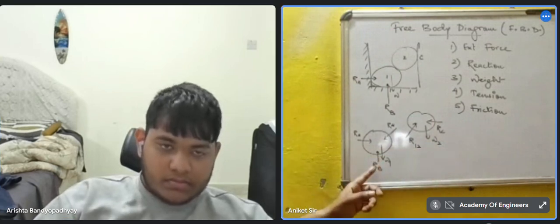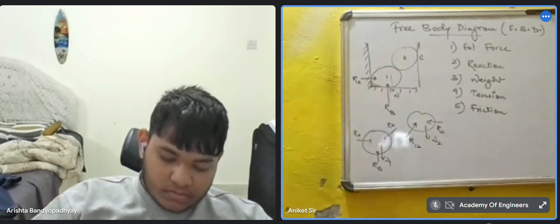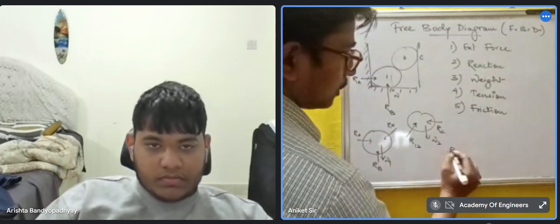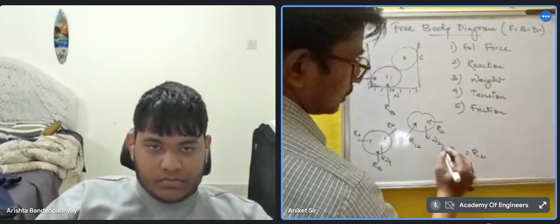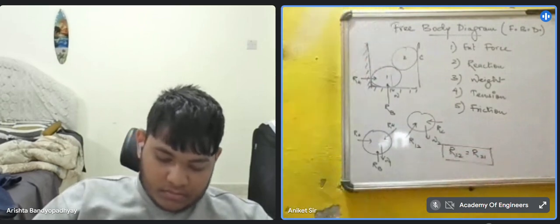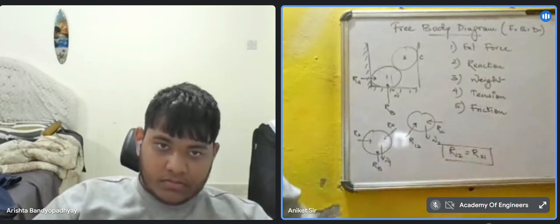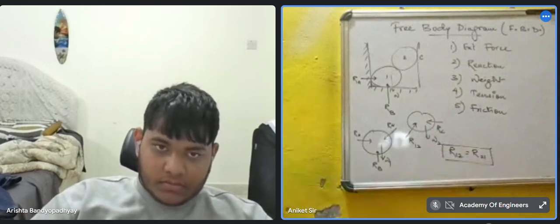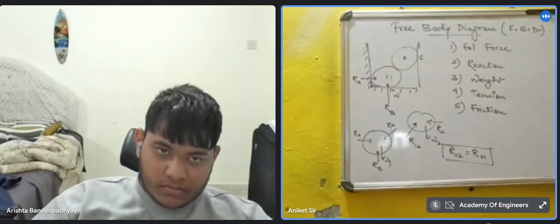And from this side there is R21, from 2 to 1. Whatever the force from 2 to 1, that will be the same from 1 to 2. R12 and R21 are equal and opposite in direction. That is okay. But there is R12 and RC, we cannot ignore this. And then RA, then RB, then W1.